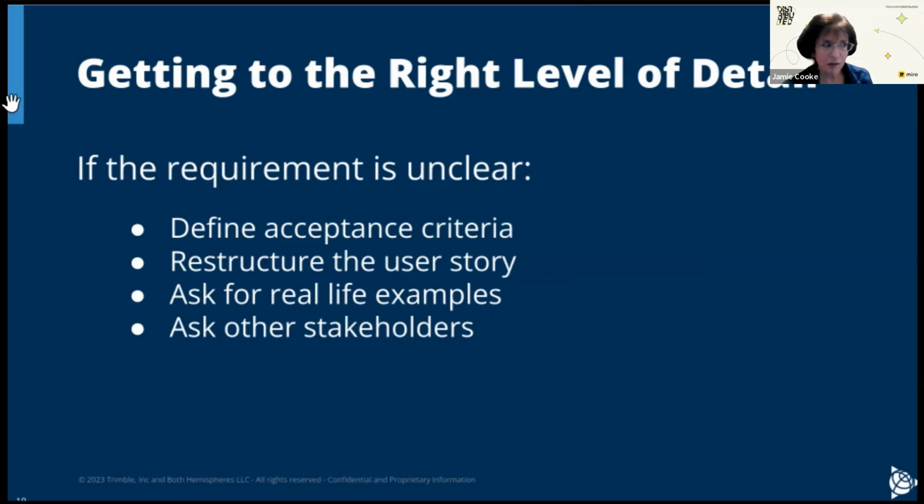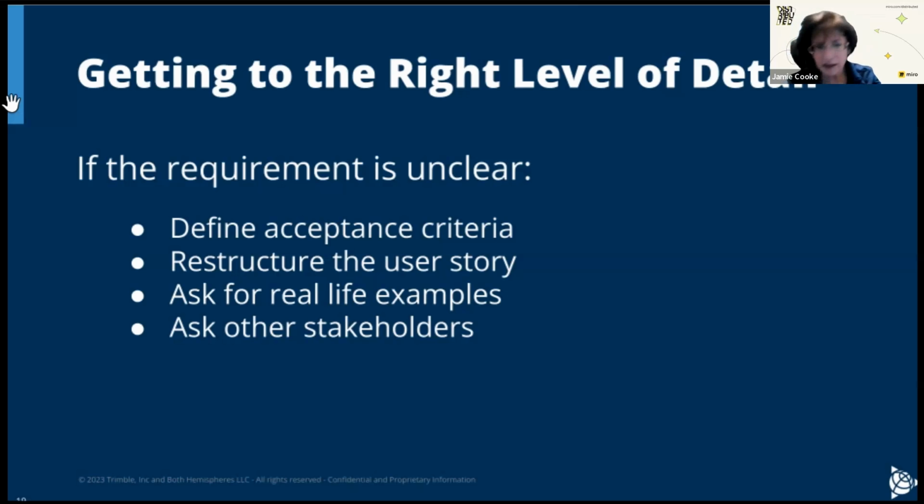Restructure the user story. Sometimes it's simply a rewording that can help clarify. Ask for real-life examples. It's hard for them to state it in general, but if they give you examples of pain points, that might help. And if that person really is struggling to express themselves, ask other stakeholders. You might be able to get a clear requirement that way.